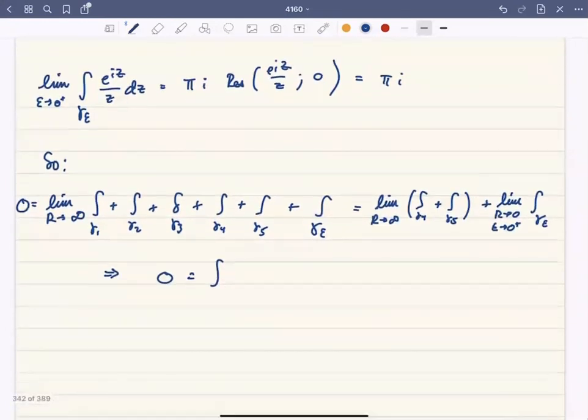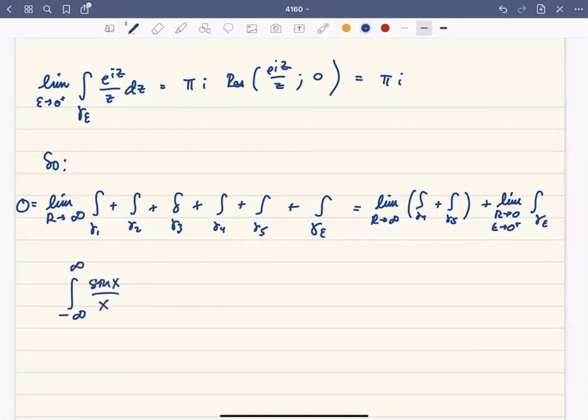This is going to be the integral from negative infinity to infinity of sine of x over x. Let me be a little more precise here and get to the punchline. The integral from negative infinity to infinity of sine x over x, and we're going to take half of that to get the integral. Let's call the integral that we're looking for I. We take half of that because we only wanted the integral from 0 to infinity, and this is an even function.